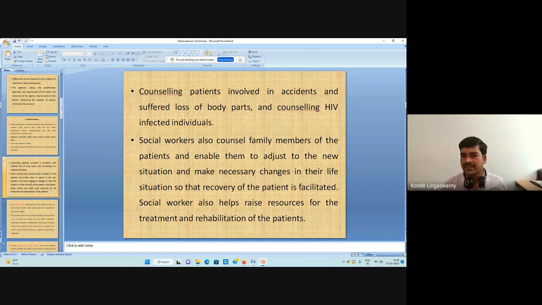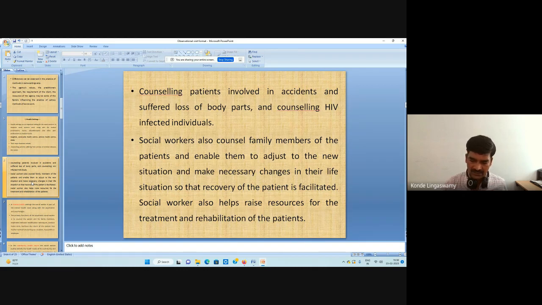The social worker provides counseling, and counsels HIV infected individuals also. The social worker also counsels family members of the patients and enables them to adjust to the new situation and make necessary changes in their life situation so that recovery of the patient is facilitated.